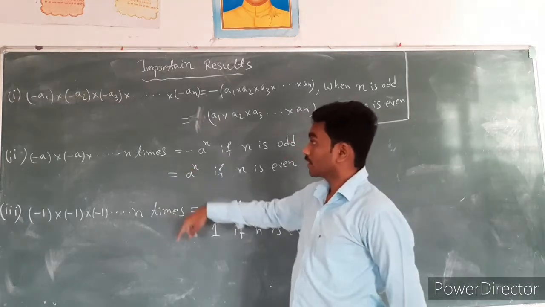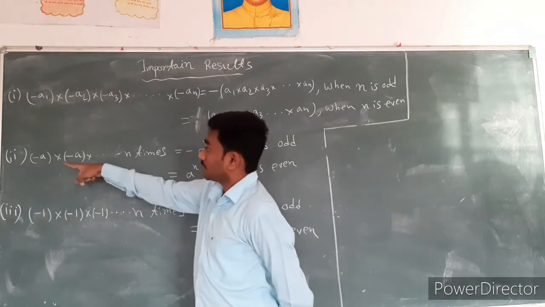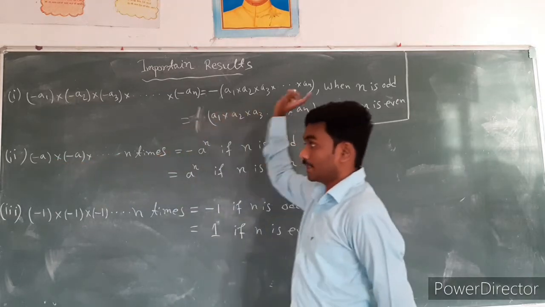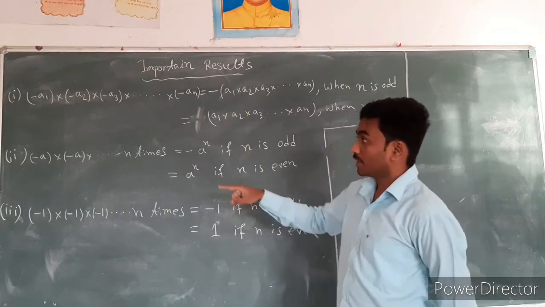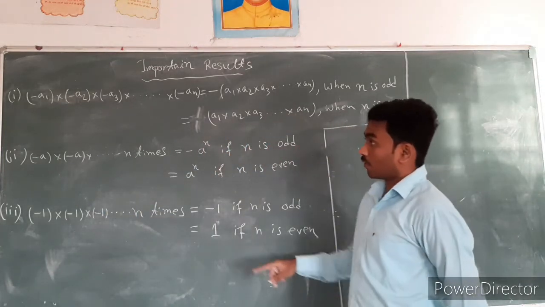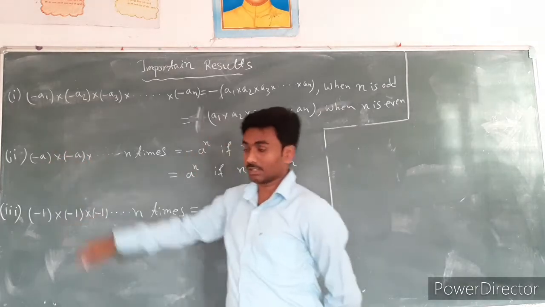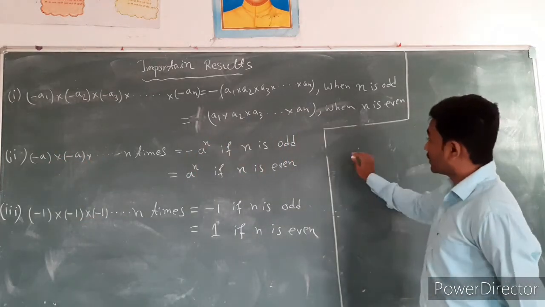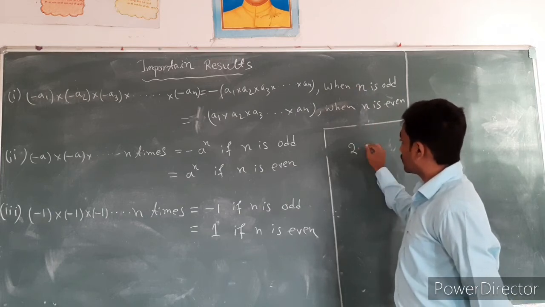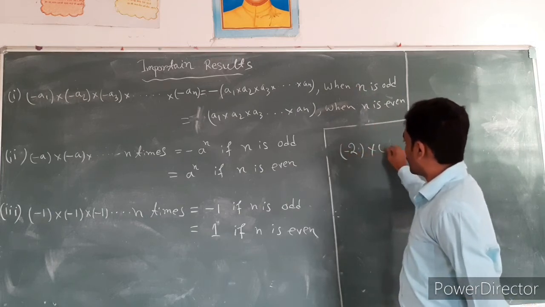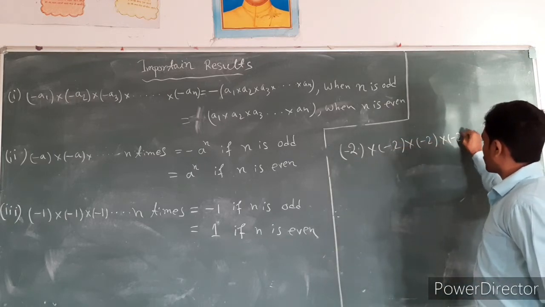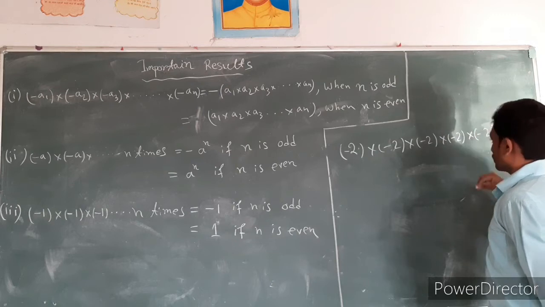Next, second result. The product of the same integer, minus a, 10 times. Look, all the integers are the same. For example, minus 2 into minus 2 into minus 2 into minus 2 into minus 2.